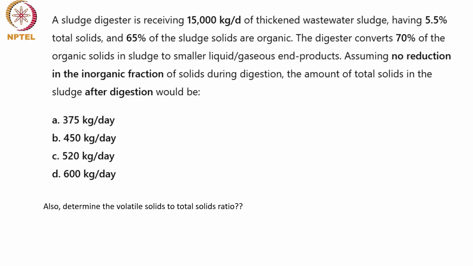Okay, so now the digester converts 70% of the organics in the sludge to smaller liquid or gaseous end products. Assuming no reduction in the inorganic fraction of the solids during digestion, the amount of total solids in the sludge after digestion would be... Okay, so basically we have to find the percentage of organic solids that remained without destruction, plus obviously the fixed solids will not be destroyed in the process.